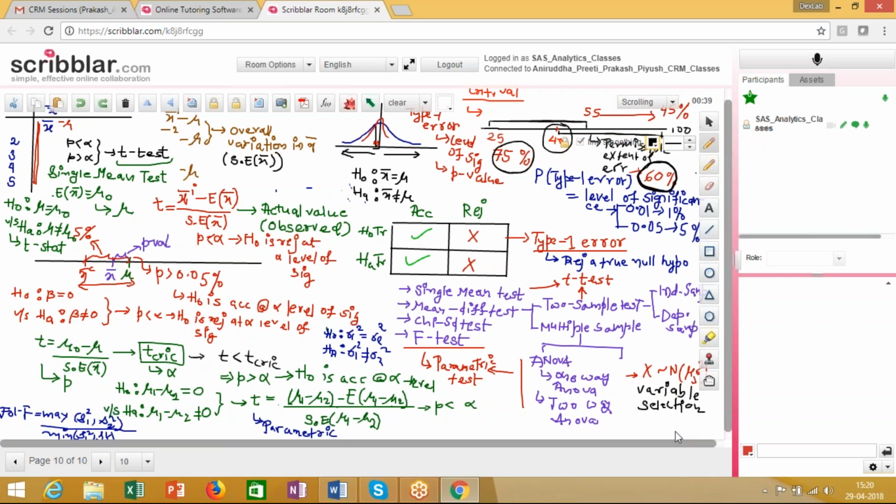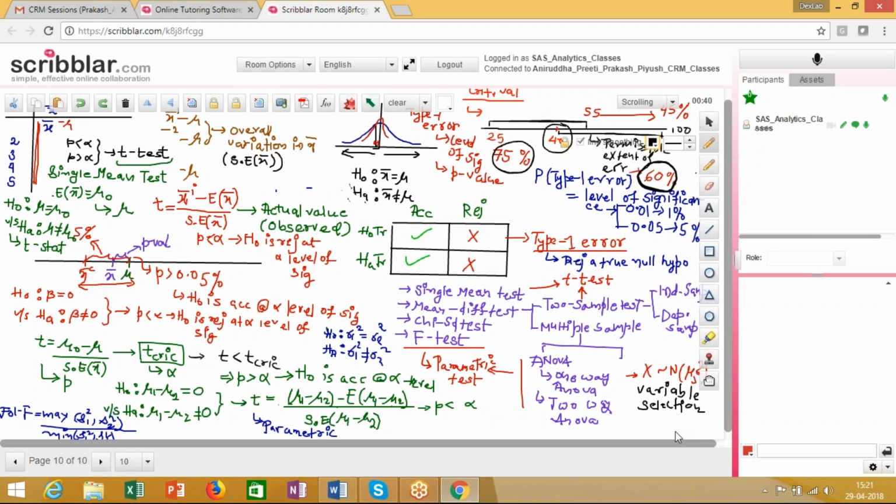Right? So, what is variable selection? When we are developing a model, we need variables for that. So, we require some variables which could help us explain the dependent variable in the model. I just cannot randomly take up variables.